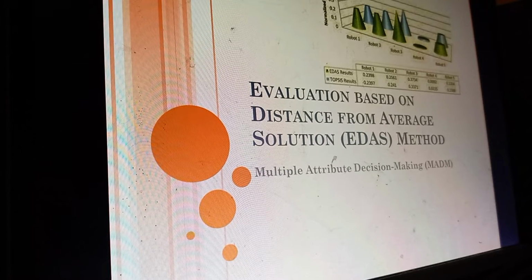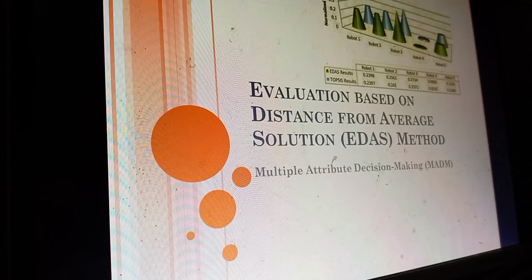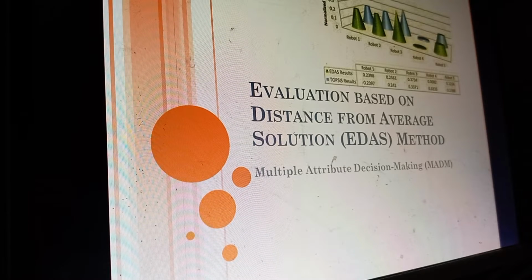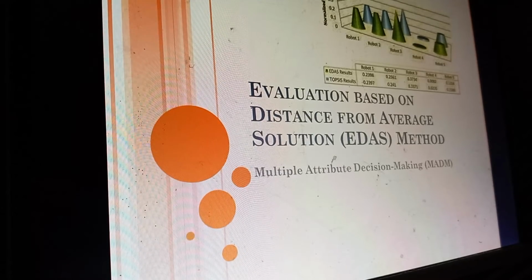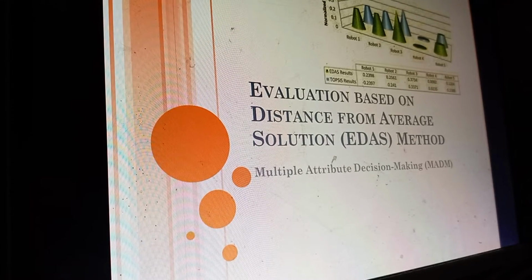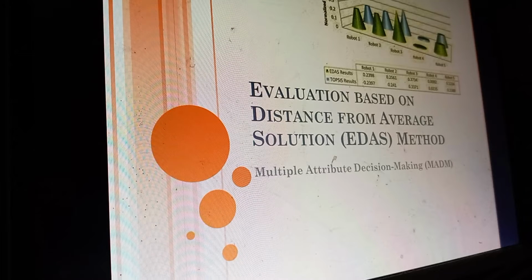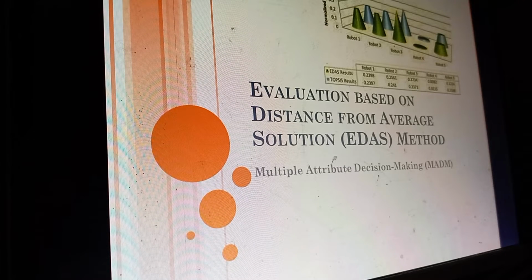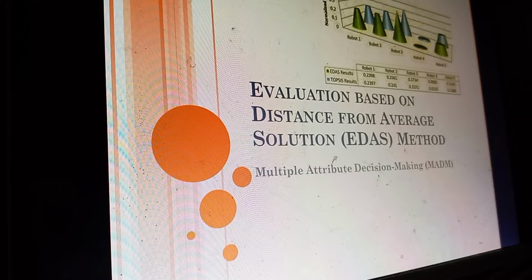So my name is Ruby Reyes, and I'm here to discuss the EDAS method from multiple attribute decision making, or MADM. The primitive notion of rough sets and intuitionistic fuzzy sets (IFS) are general mathematical tools having the ability to handle uncertain and imprecise knowledge easily.